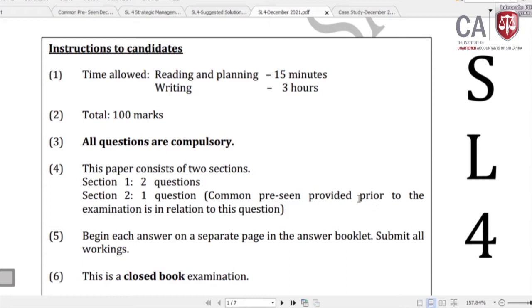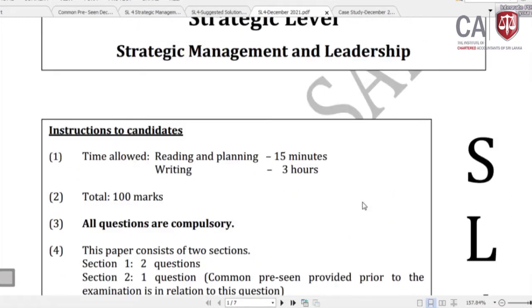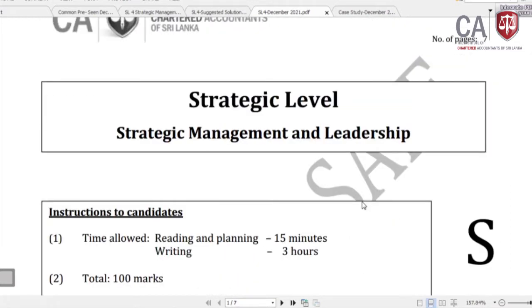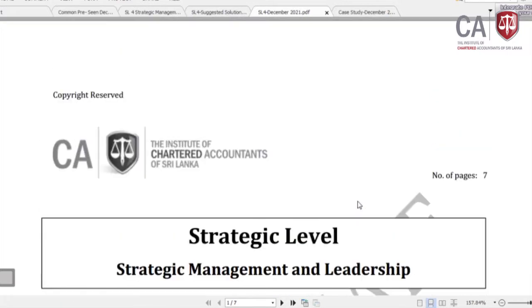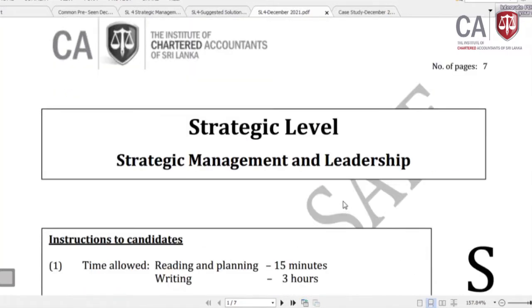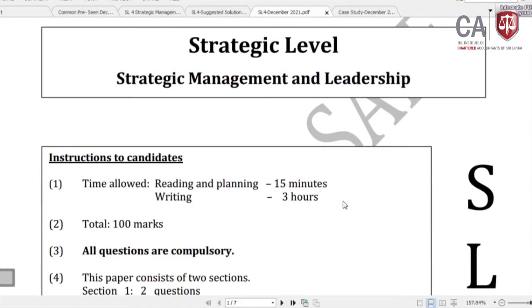If you look at the paper, this is a 3 hour and 15-minute paper. This is not a 4-hour paper. Actually it is a 3-hour paper, with an additional 15 minutes given for reading and planning purposes.